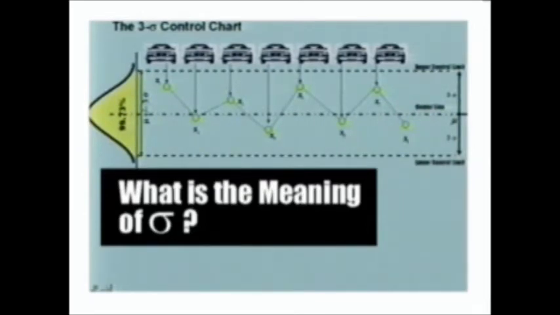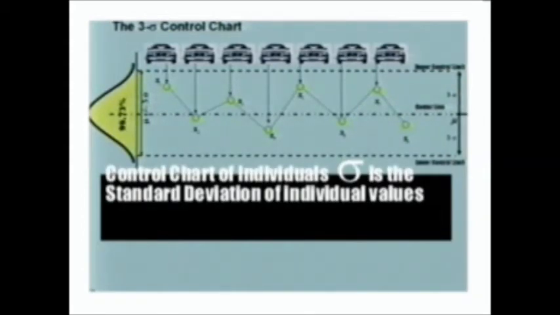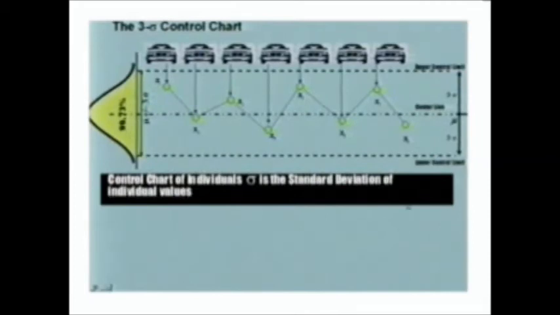Well, we can test a massive amount of cars, or we can rely on historical data to bring about the standard deviation of the population. So for individual points charts, it is the standard deviation of the individuals that we consider in establishing the control limit. That's the plus or minus 3 sigma.